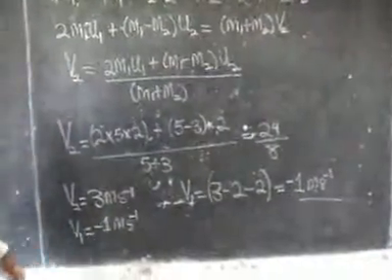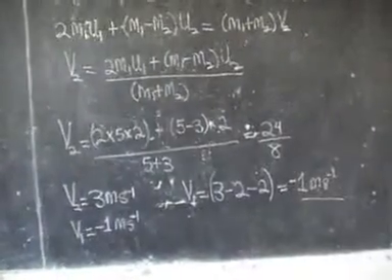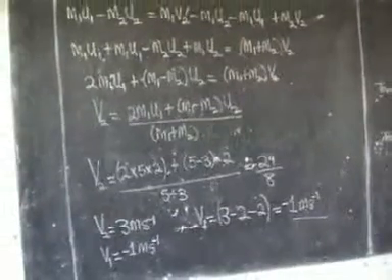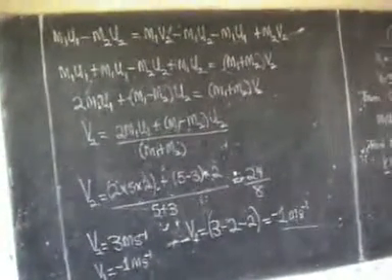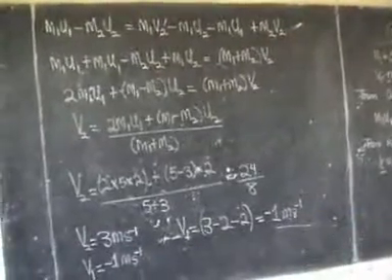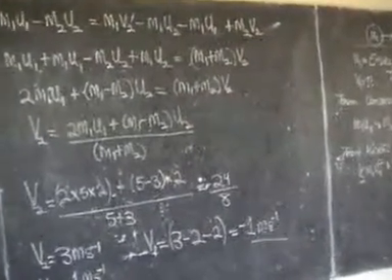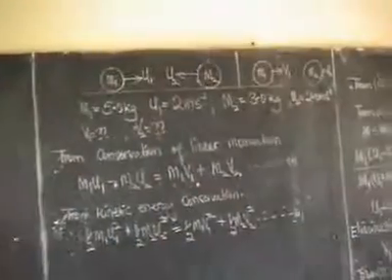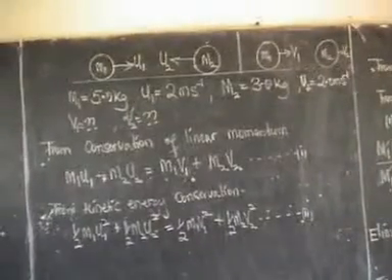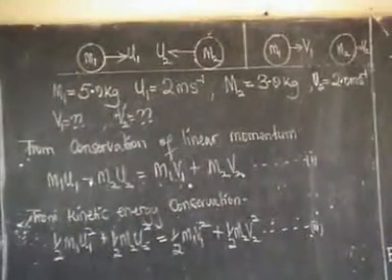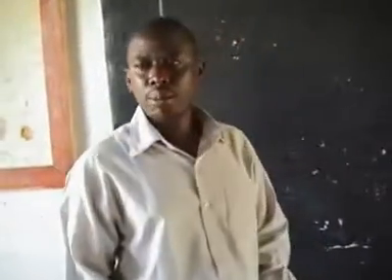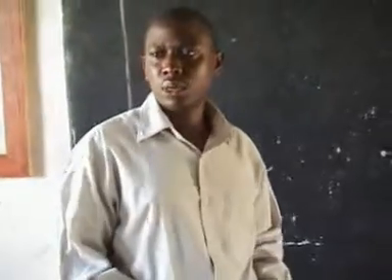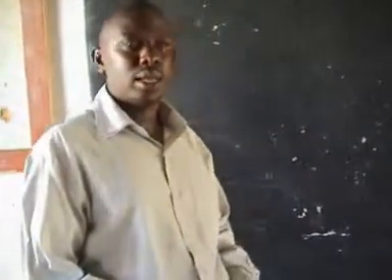Now the negative 1 indicates that in reality after impact it will not continue moving in this direction. It will bounce back at a speed of 1 meter per second. You may be asked to give examples. In life or in reality, is there any interaction which is elastic or perfectly elastic?